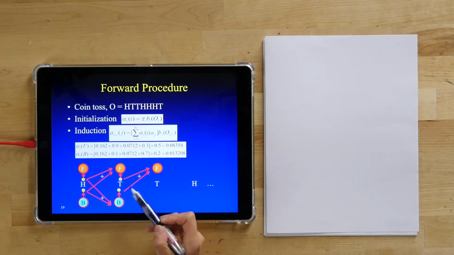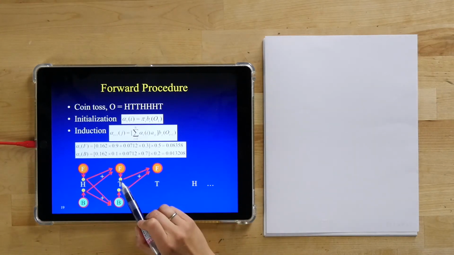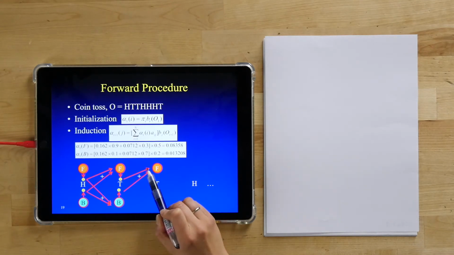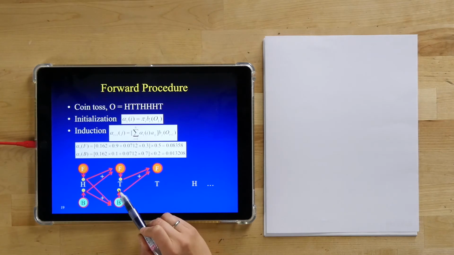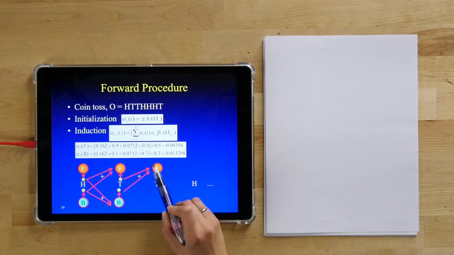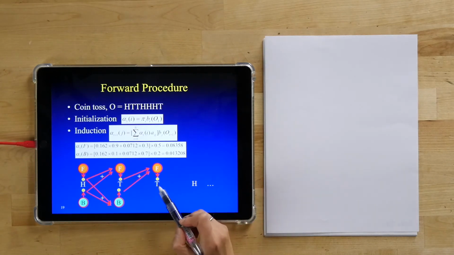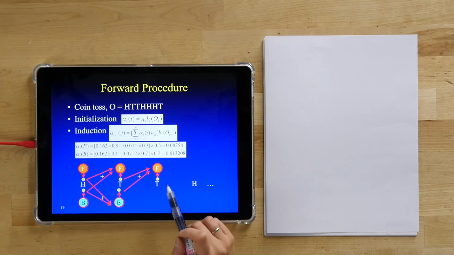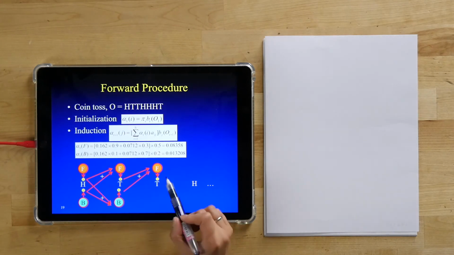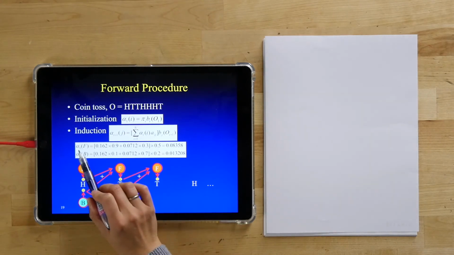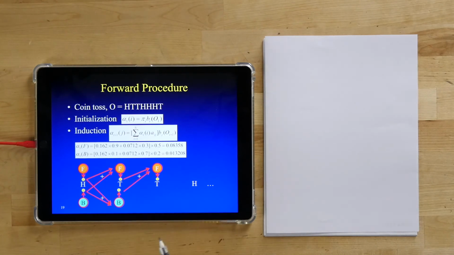So you can see here, I inherit the previous yellow dot from the fair coin, transition from a fair to fair, or I can inherit the previous bias coin yellow dot, right, from here, and I transition from bias to fair, and so that's the probability of using the fair coin. But then from that fair coin, I also need to emit a tail, and so that's the emission probability. And so now I get the new alpha 3 being a fair coin.